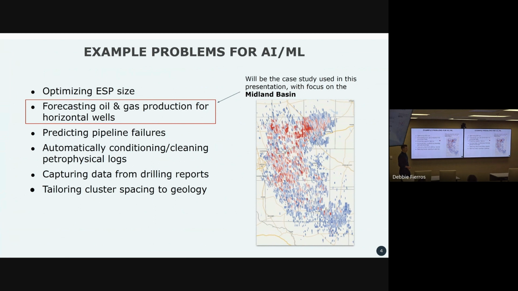Note the red rectangle around that one. That's what we're going to be talking about today principally. You could predict pipeline failures. You could automatically condition, clean, and interpret logs. You could capture data from drilling reports. You could optimize your completions design based on the subsurface characteristics, and many, many, many more things beyond that. But those are just some things to give you some rough ideas.